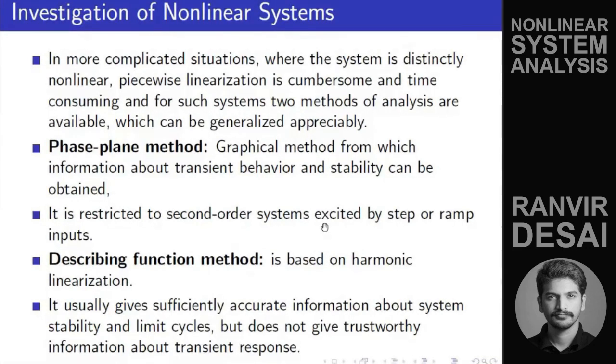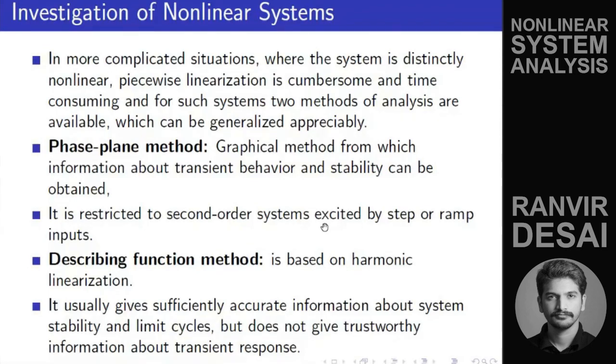First method is the phase plane method. This we will see tomorrow, which is a graphical method. This is black box testing. Like I said, you give some input, you have some output, and from how the output behaves, you determine whether it is stable or not. Also, it is restricted to only second order systems excited by step or ramp inputs.